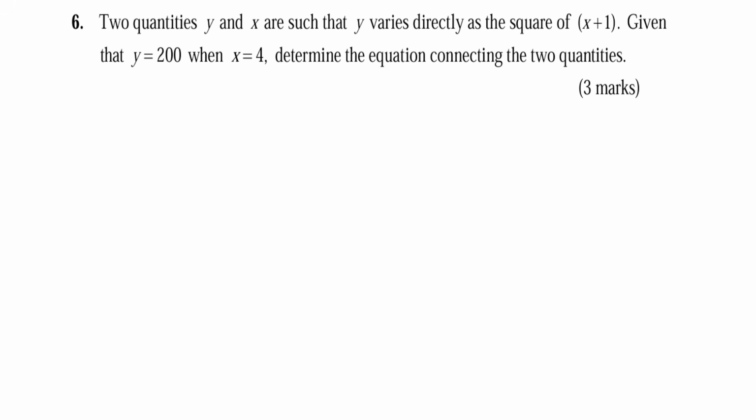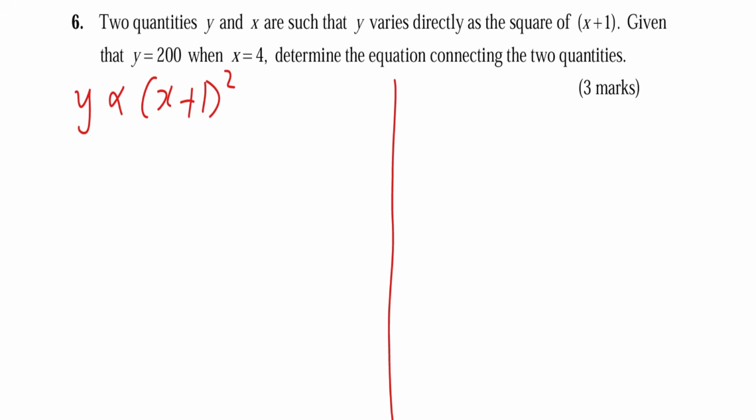Now, question 6. Two quantities y and x are such that y varies directly as the square of x plus 1. Given that y is equal to 200 when x equals 4, determine the equation connecting the two quantities. So remember that y varies directly as the square of x plus 1.